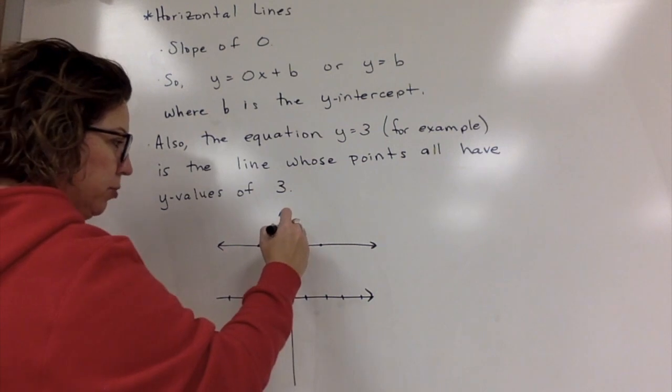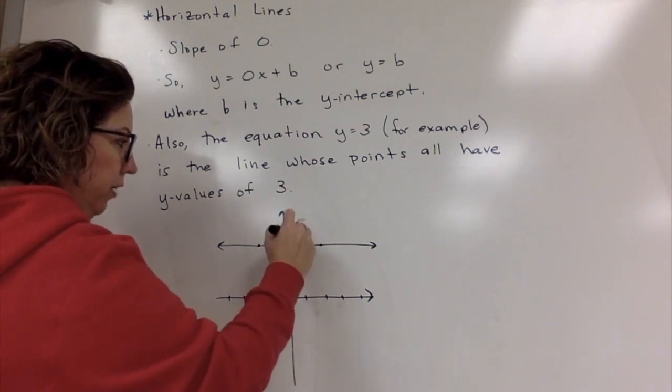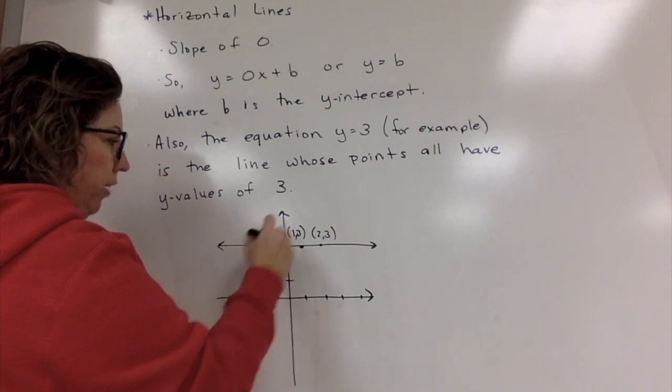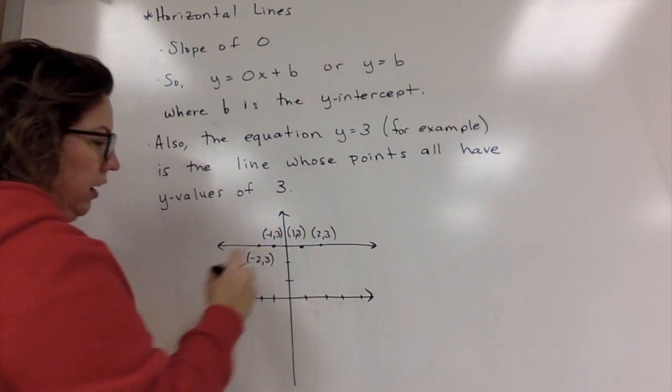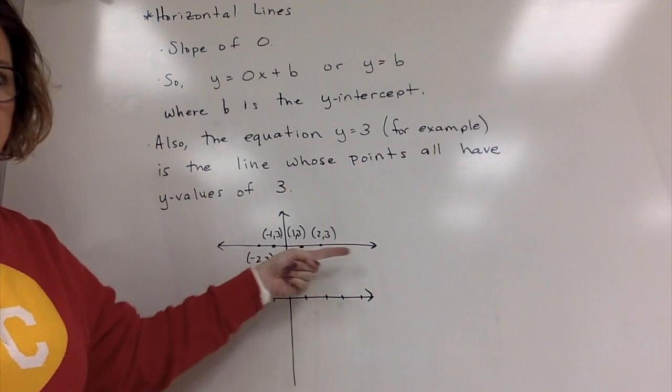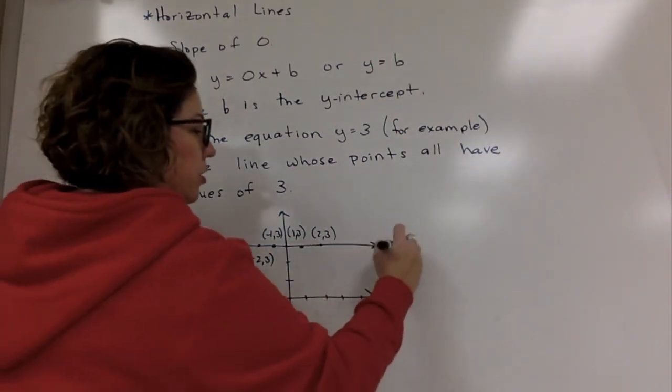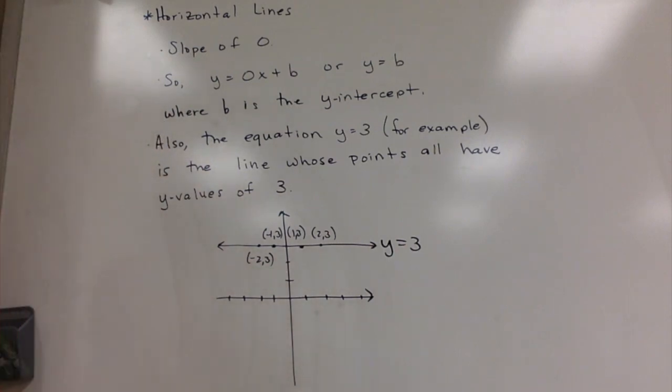And if I think about just what their ordered pairs are, this one is (1, 3). This one is (2, 3). This one is (-1, 3). This one is (-2, 3). And you can see that all of the ordered pairs along this line have a y value of 3, which is why then the equation is y equals 3.